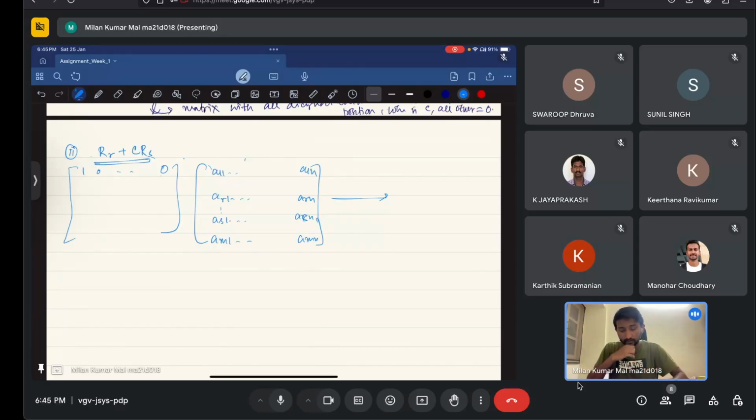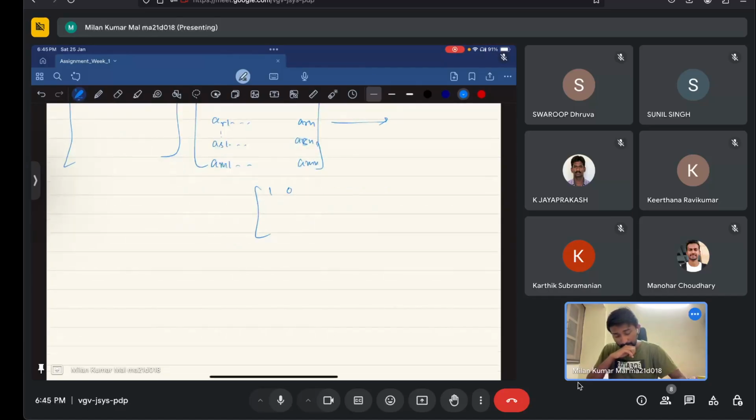Suppose, for example, I have 1 0 2 1. If we multiply this with the second equation, what is happening? This will be a11, a12, a21 plus a22 times 2.